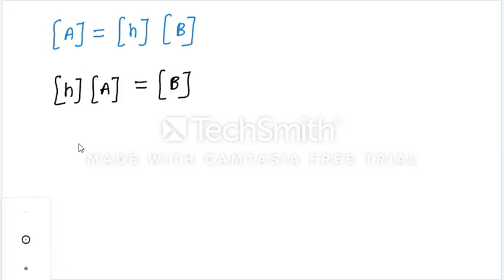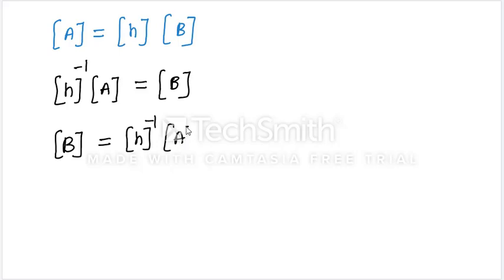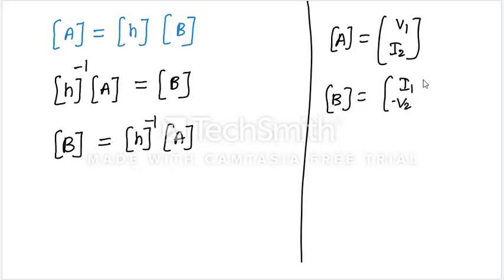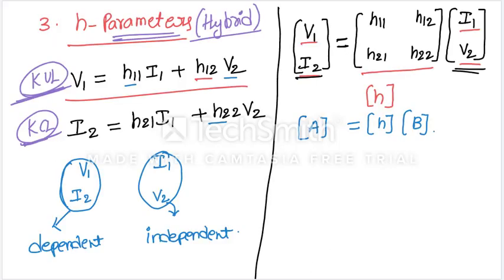So the B matrix is equal to H inverse into the A matrix. Remember, the A matrix we have taken is V1, I2, and the B matrix is I1, V2.